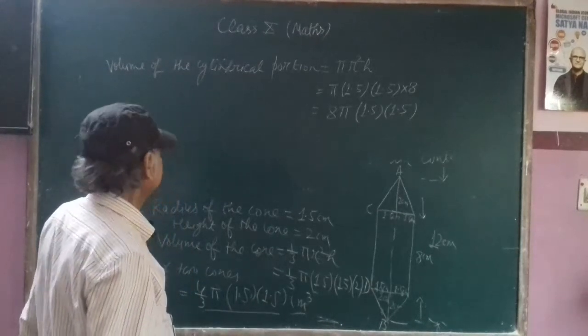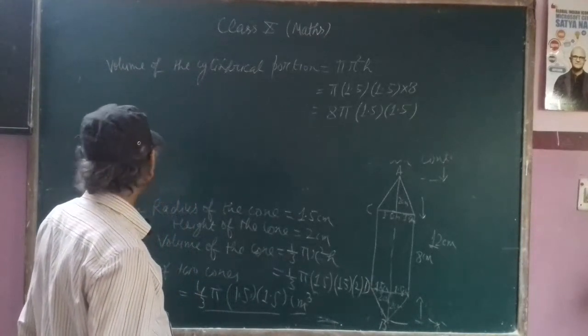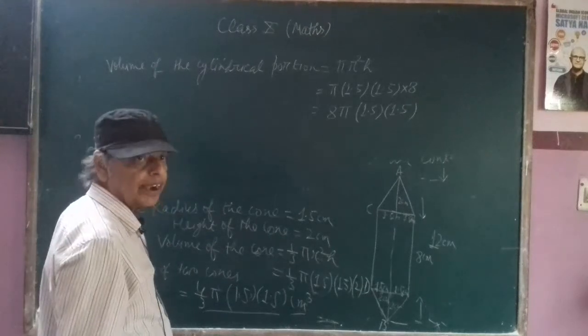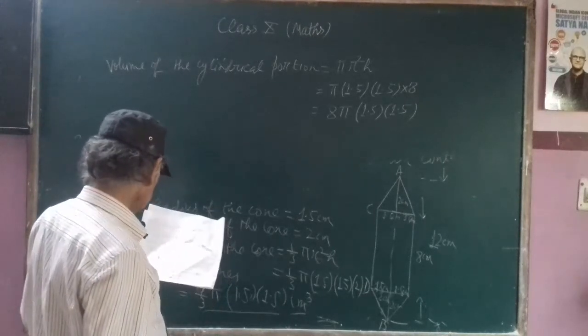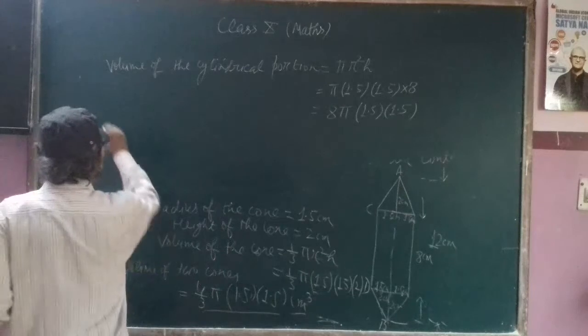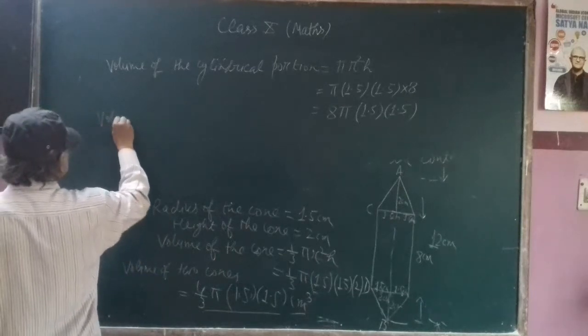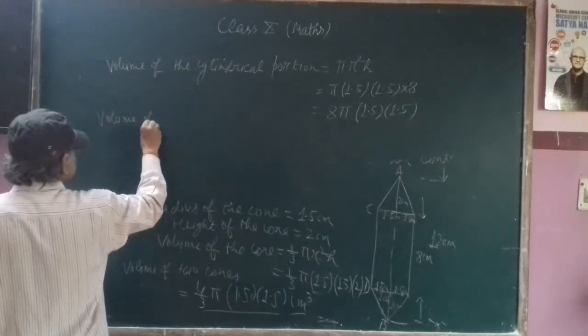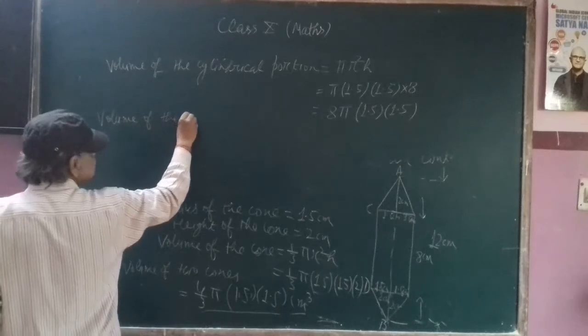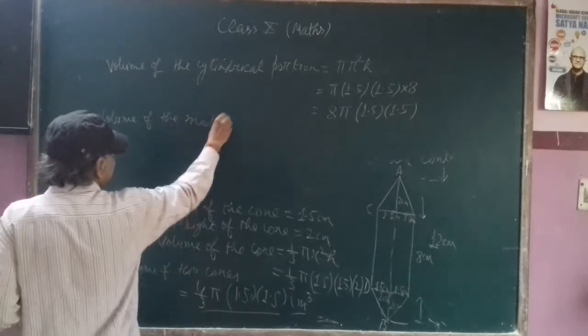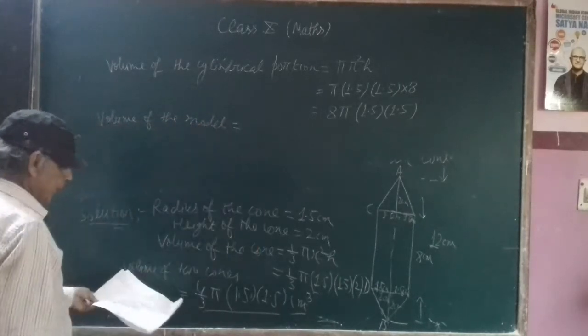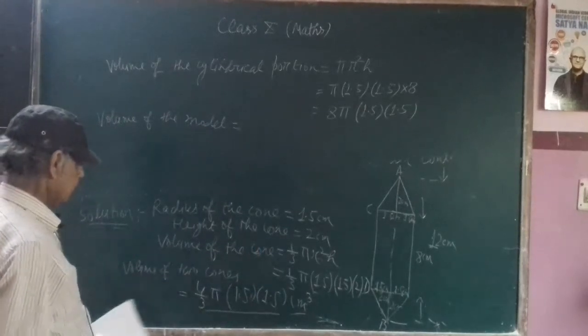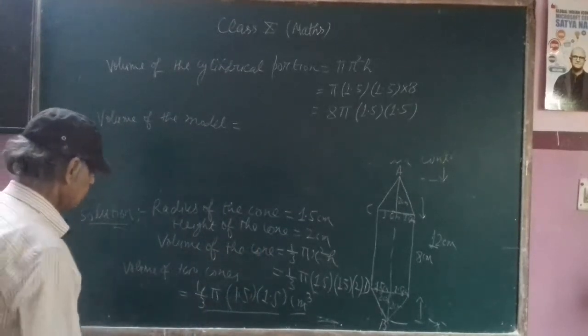You have to combine these two volumes and get the volume of the model. So the volume of the model is the sum, but before adding you can simplify it further.